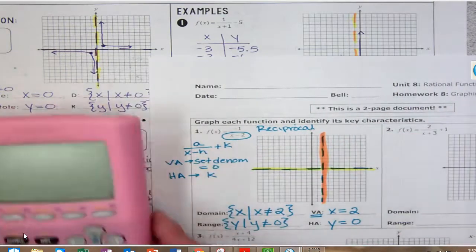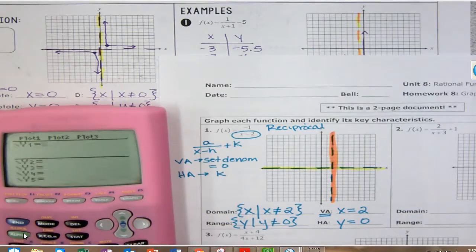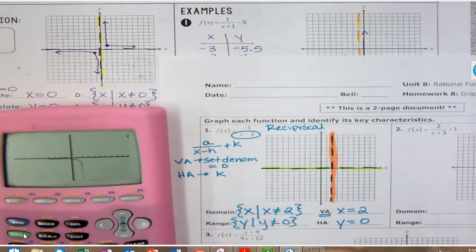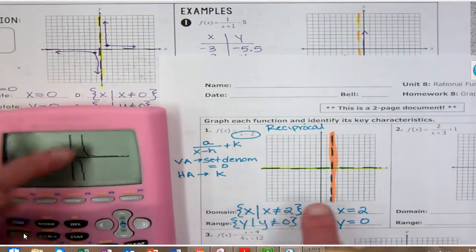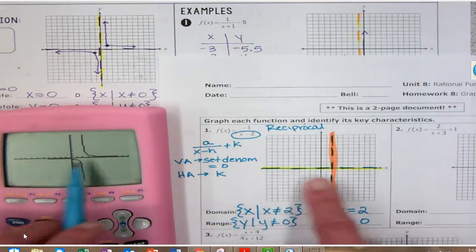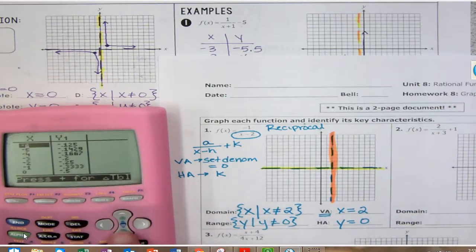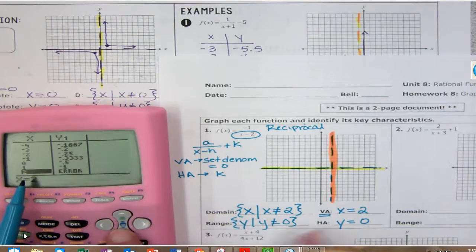Then if I'm going to graph it, now I can use my calculator. You're just going to put the equation 1 divided by parentheses x minus 2, graph. And there it is. I look and see, yes, my asymptote is about in the right place. So that must be good news. Then I look at my table and go down to look for x equals 2.